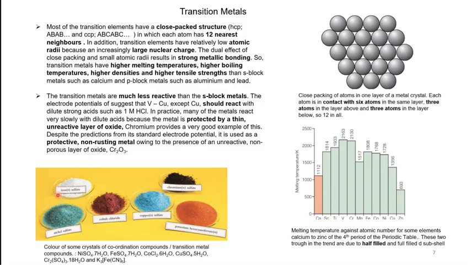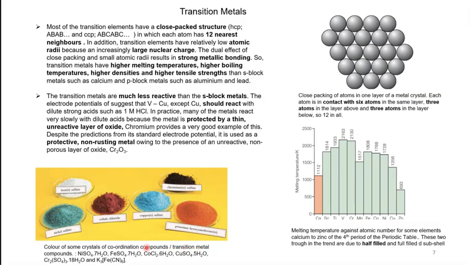Here we can see that some of the colored compounds of transition metals, we also call them coordination compounds. Remember that you can call them coordination compounds of transition metals. Even in some cases we call them complex compounds. So there is a branch of chemistry which deals with complex chemistry or coordination compound chemistry.